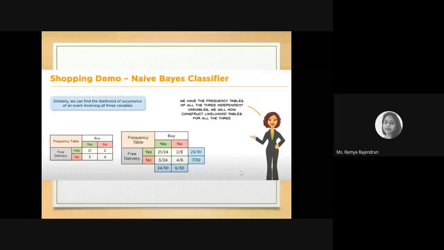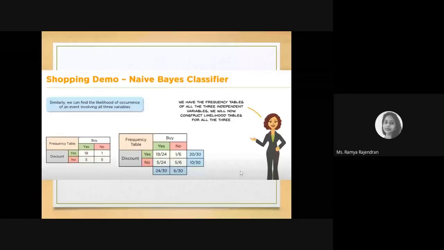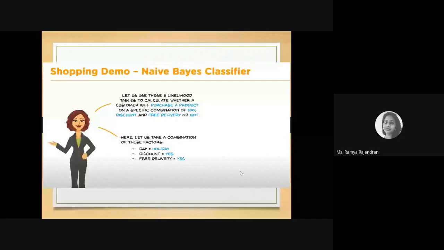Now we are going to assume that event A is whether the person is buying a product or not, and event B will be a day which is a holiday, when there is a discount, and when there is a free delivery.